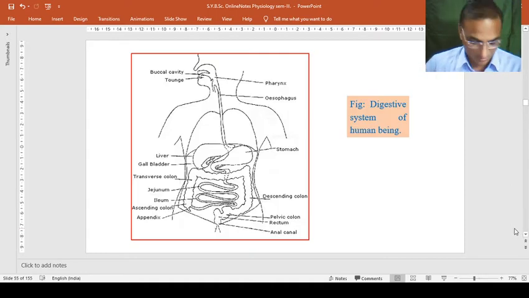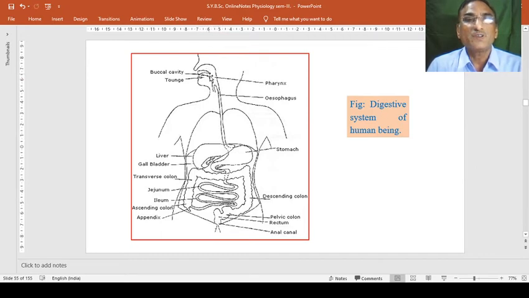Next, we will see the diagram in which all the digestive parts are clearly shown. In the human body, the digestive system starts from the mouth and buccal area, where the tongue plays the role of mixing the food and forming a round bolus that passes into the esophagus.